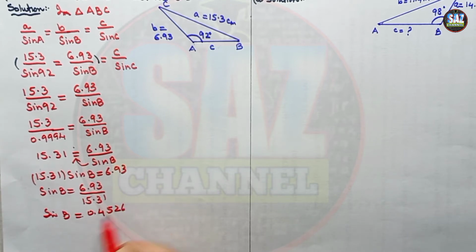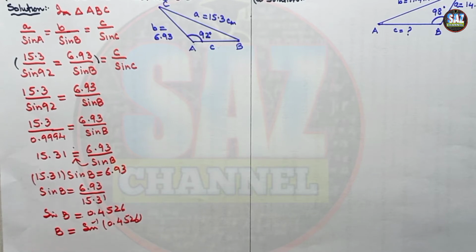This gives sine B equals 0.4526. To get the value of angle B, I take sine inverse on both sides: sine inverse 0.4526. Press the shift key and then the sine key, the display will show sine inverse, then write the value 0.4526.